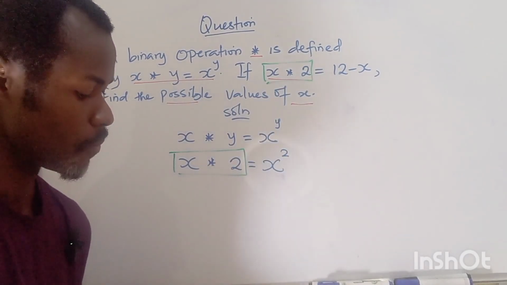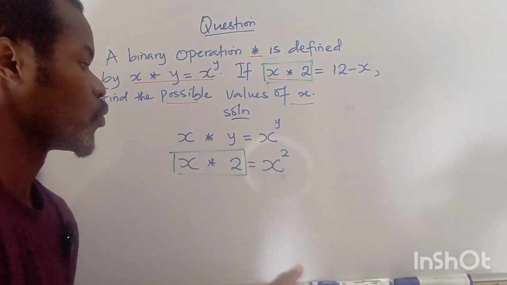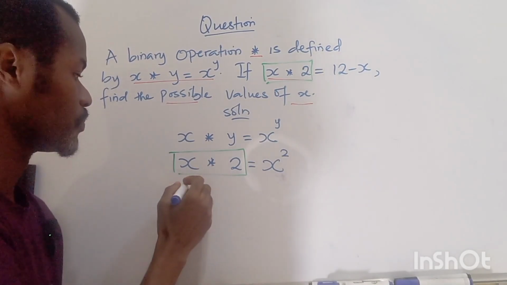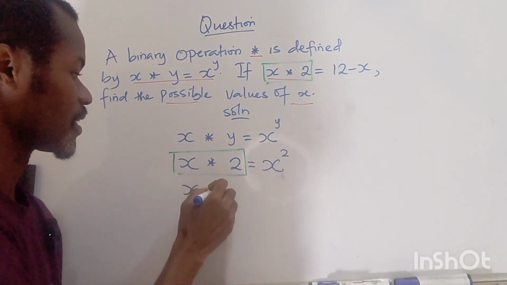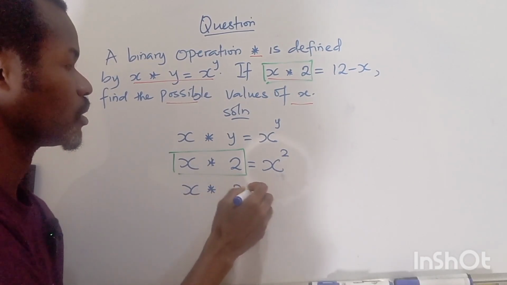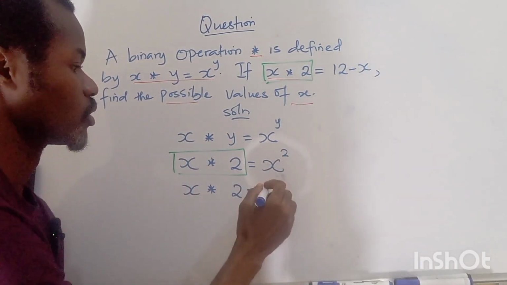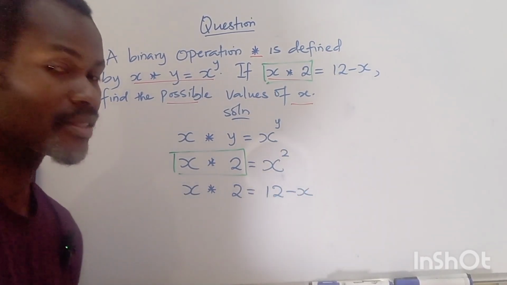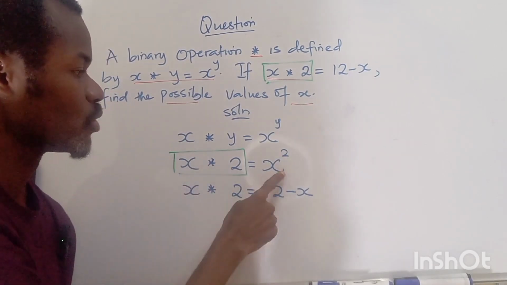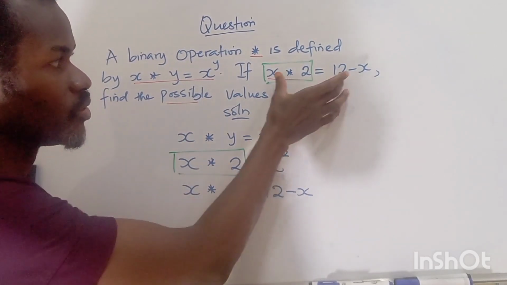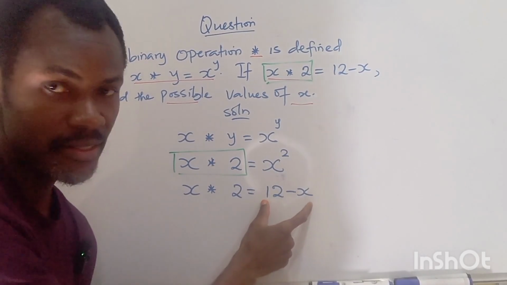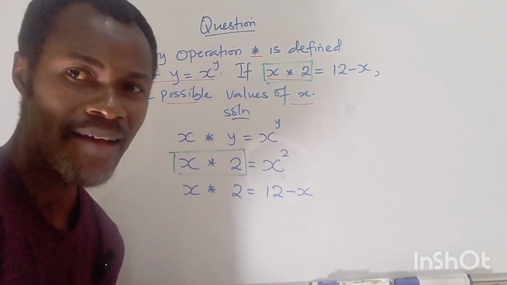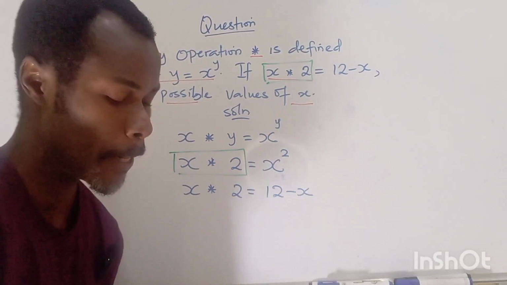So remember, we're given that x asterisk 2 is equal to 12 minus x. So if this is equal to this, and this is also equal to this, we have something we can equate.